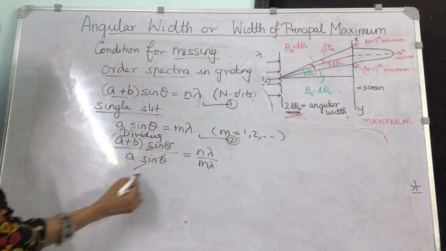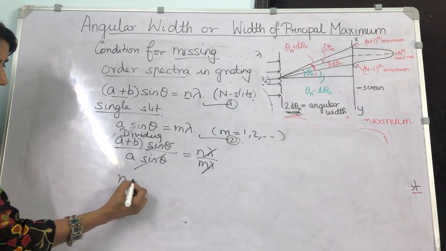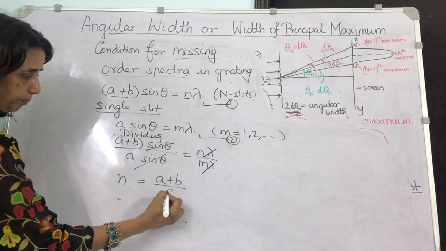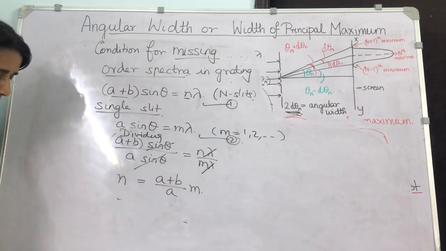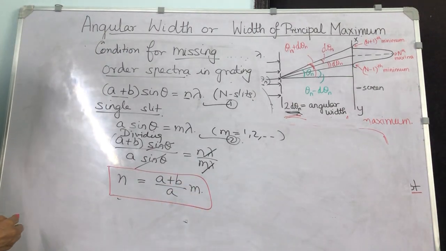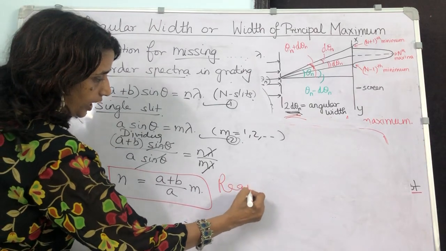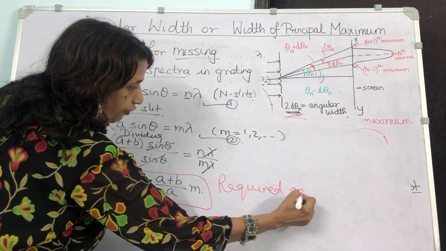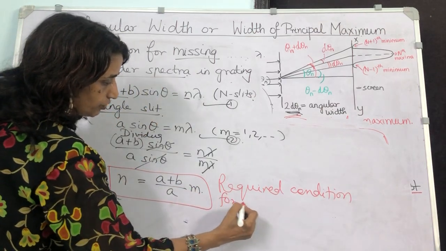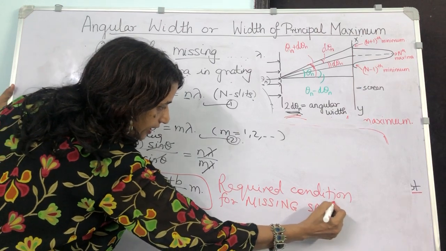Sine theta gets cancelled, lambda gets cancelled. You are left with n equals (a plus b) upon a, into m. This is the required condition for missing spectra in grating.